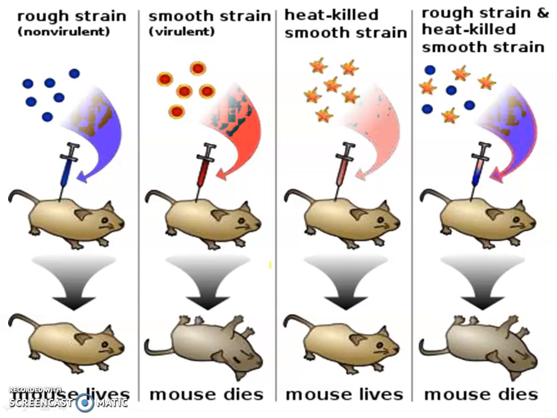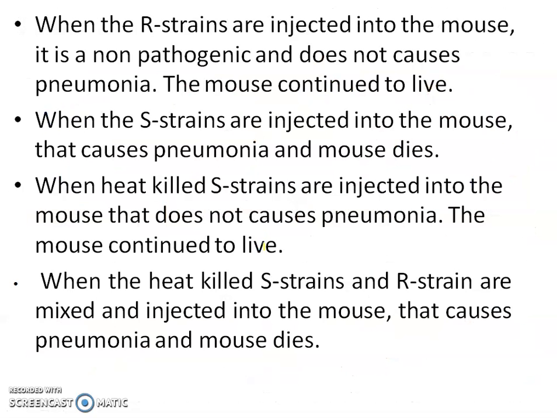It is not possible that the smooth strain bacteria got alive and caused the mouse to die, because we have already killed them. So something in the rough strain made the smooth strain material replicate again.